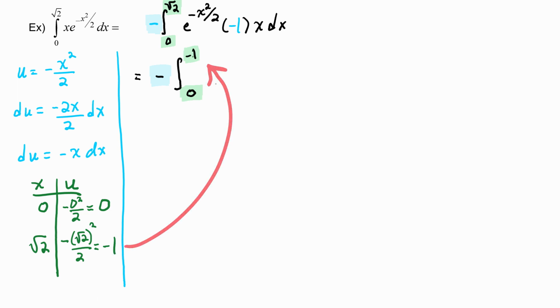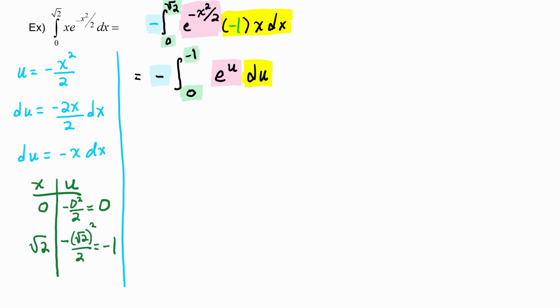So that upper limit is now negative 1. Here, the e to the negative x squared over 2 is going to become e to the u. And then finally, the negative x dx is going to get replaced with du.